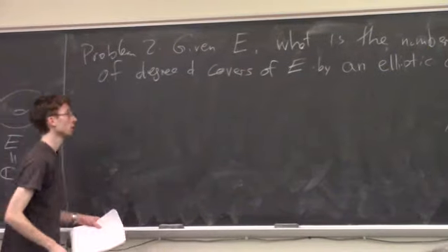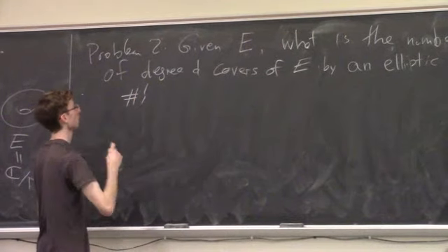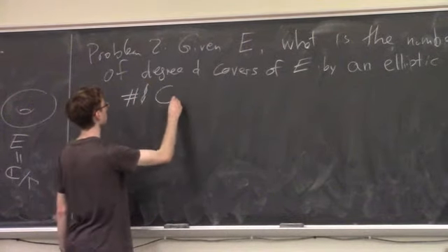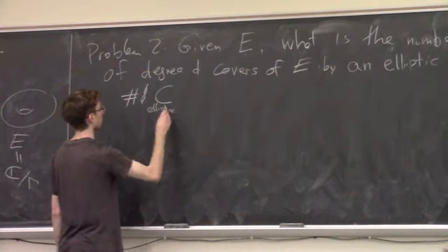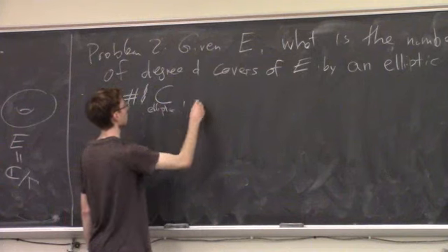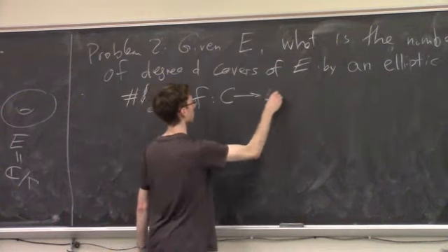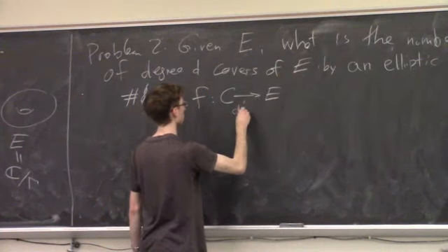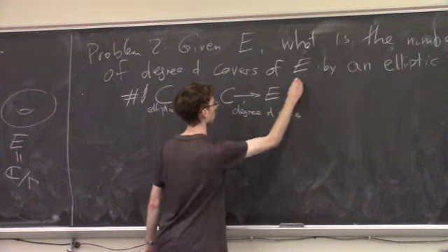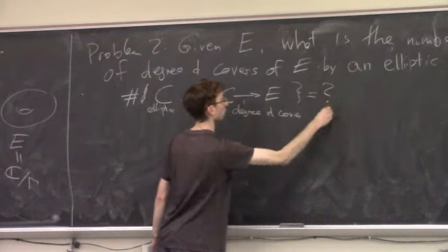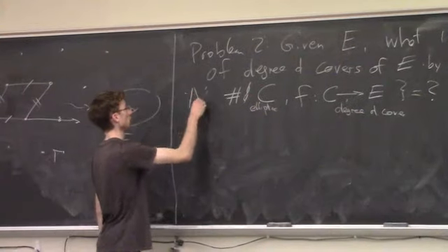Let me say in other words, we are trying to count the following. To fix this curve E, we're trying to count the number of C, which are also elliptic curves, together with a map from C to E, which is a cover of degree d.